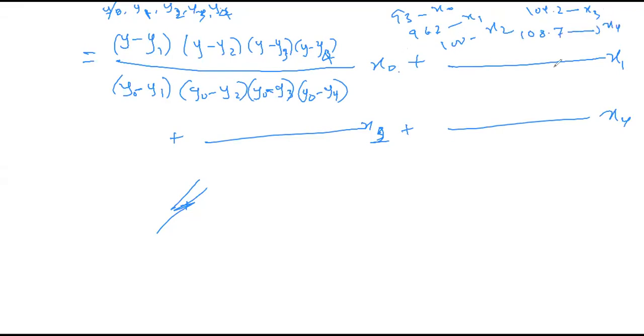Sorry, I have written x0, x1, x2, and this will be x3. So can you fill up these things? First of all, just fill these things correctly. Here you have to write without y1, and down y1 minus y0, something like that. And here you have to write without y2, without y3, without y4. Can you fill all these?